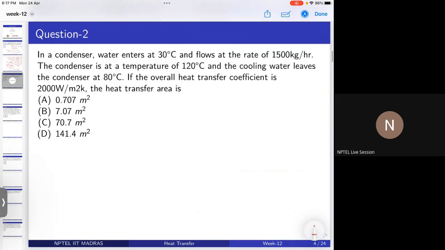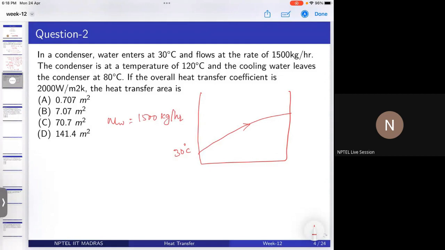In this question, we basically have a heat exchanger. The steam is condensing, sorry, the water enters at 30 degrees Celsius and flows at a mass flow rate of 1500 kilogram per hour.